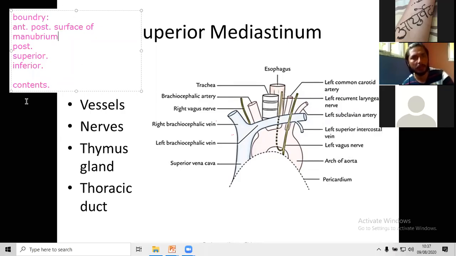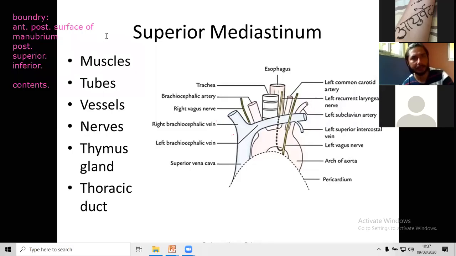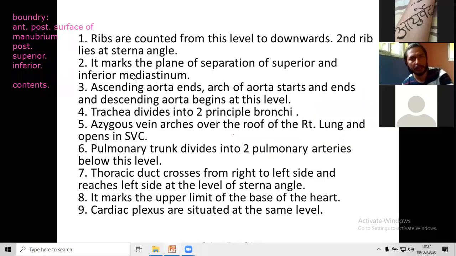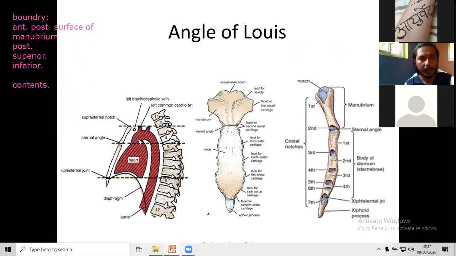Okay, I showed you this in a picture. So we have to go to the previous slide. Now see here. Can you see this picture? See, this is the sternal angle, and one horizontal plane is there. This is the transverse thoracic plane.